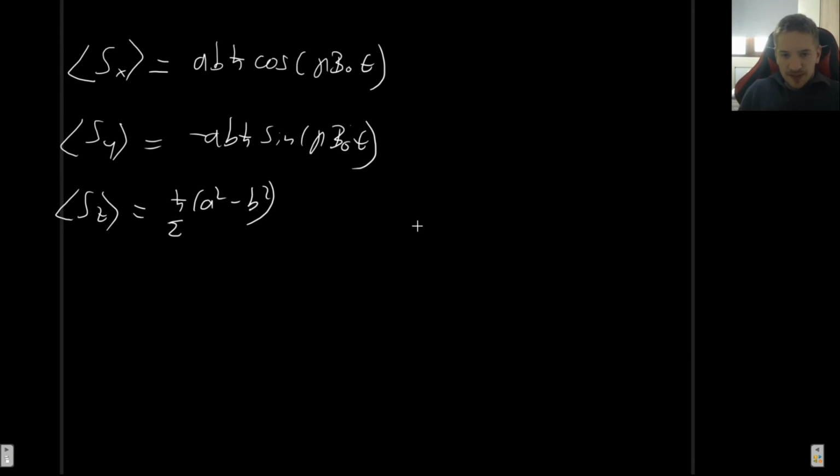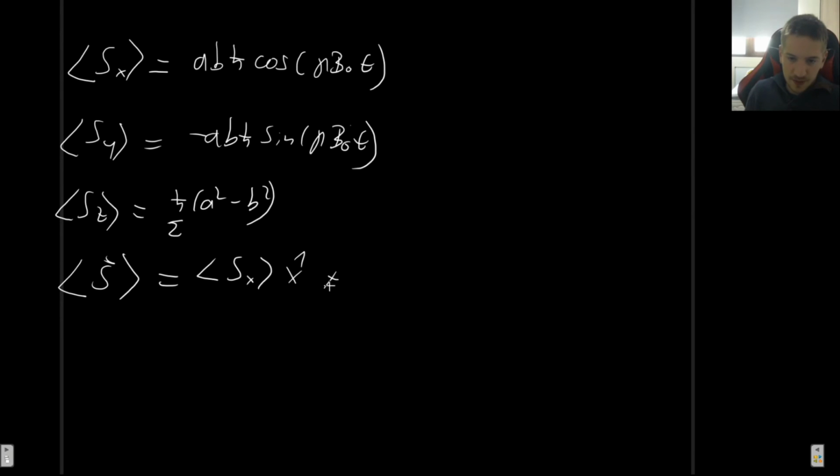Let's try to visualize this, and in order to do that, let's take a look at some vector that's going to be the expectation value of the spin Sx in the x direction plus the expectation value of the spin Sy in the y direction plus the expectation value of Sz in the z direction.